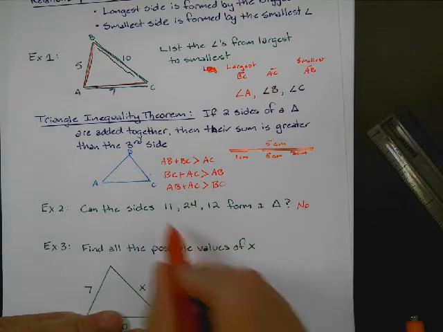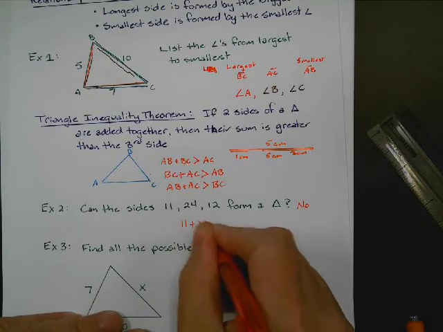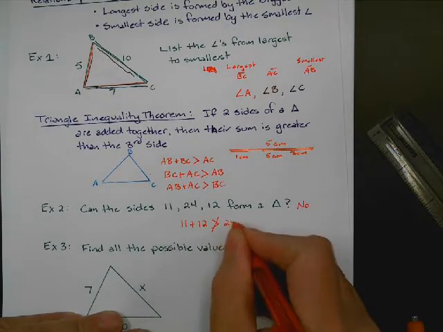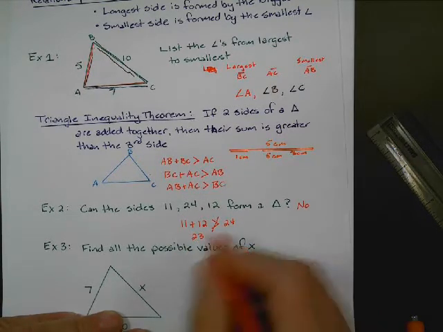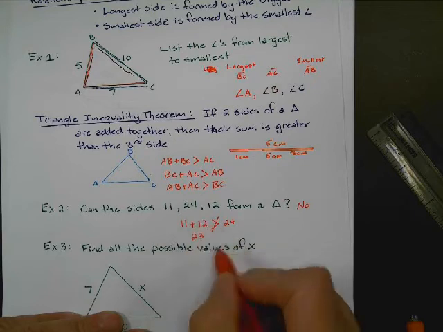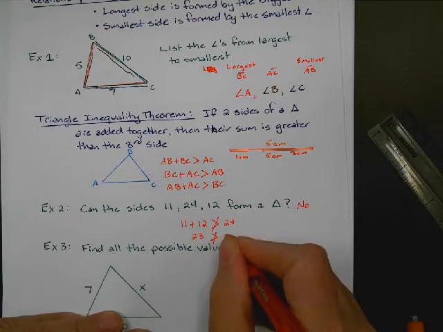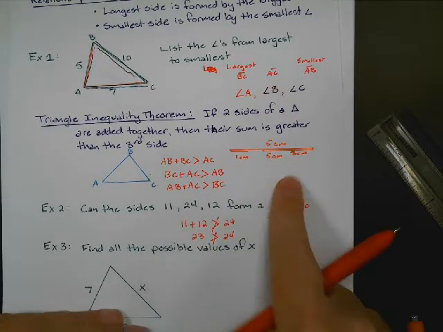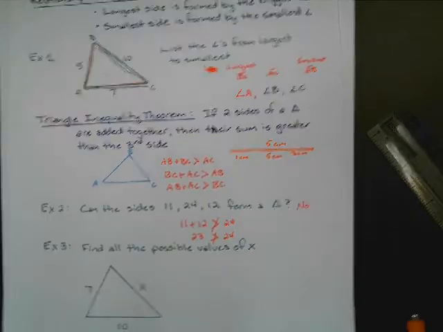But the two smallest sides, 11 plus 12, are not bigger than 24. They only add up to 23. And the two smallest sides have to be bigger than the biggest side. So since it's not bigger than 24, these would be this situation where those two smaller sides cannot touch each other, and therefore they wouldn't form a triangle.